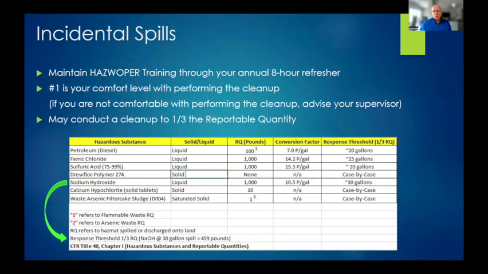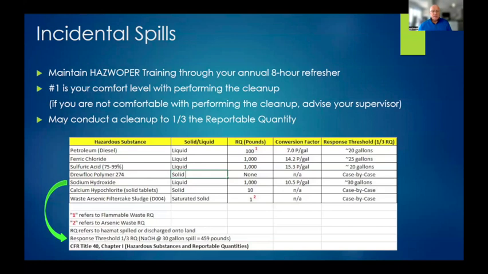So as far as what the thresholds are, there are conversion factors based on the weight per pound per gallon. And what I've done is I've looked at the reportable quantities and I've determined what those response thresholds are as far as incidental spills.